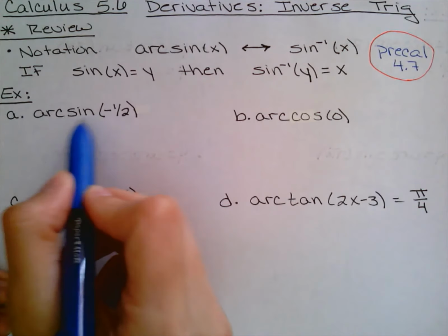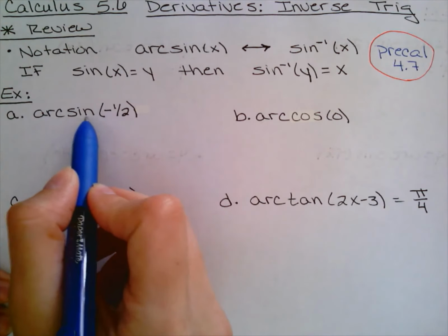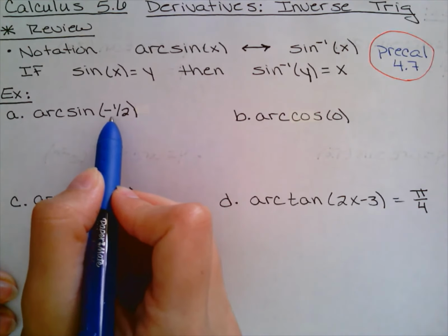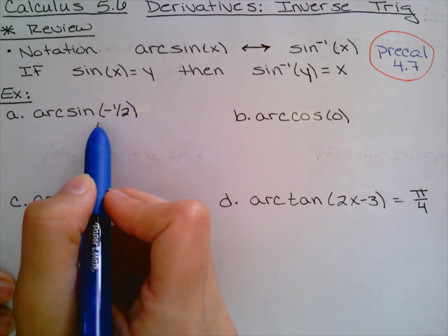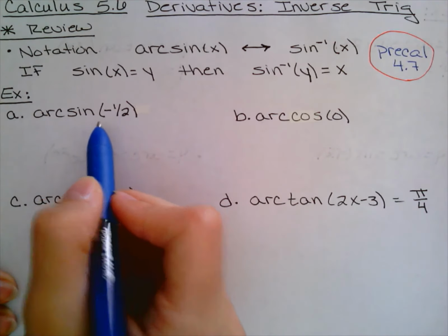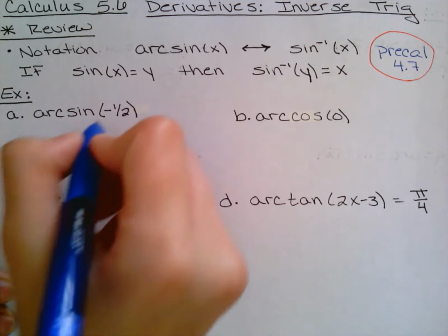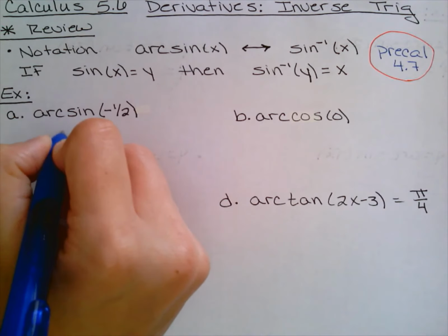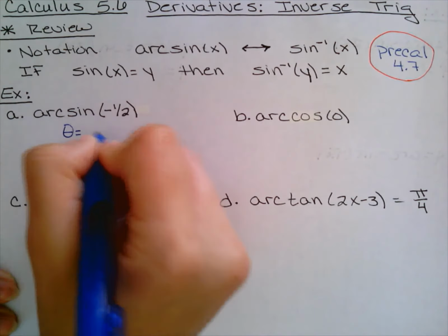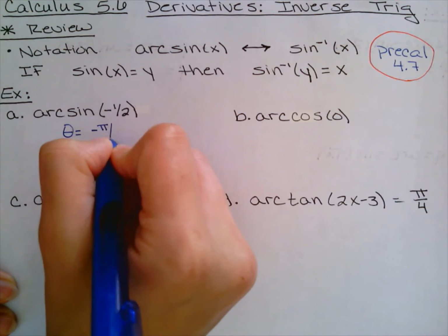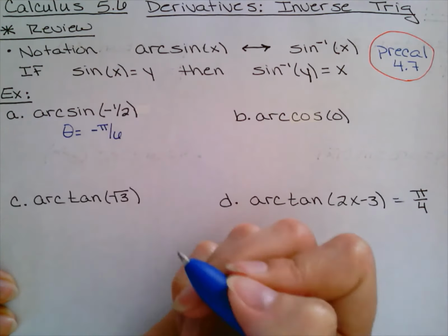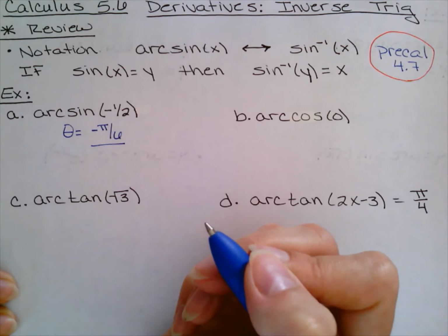So on the right side of the unit circle, sine, which are the y values, are negative on the bottom half, okay? So I know I'm going to be giving a negative radian or degree. We're going to stick to radians for today. And I know that -1/2 is found when theta equals -pi/6, okay? And that's your answer right there.